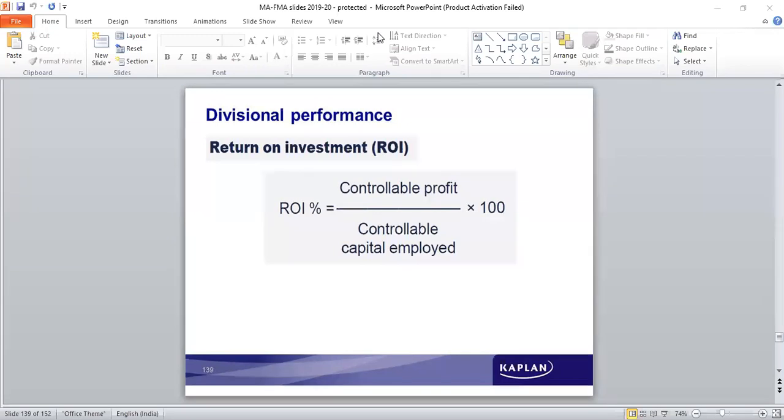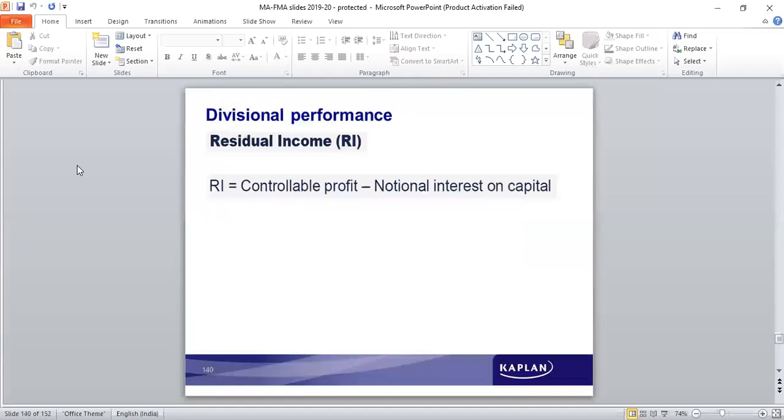Then we have another term, RI. RI is residual income, which is controllable profit minus notional interest on capital. Why are we calling it notional? Technically, owners are not paid any cost; interest is not paid on capital.